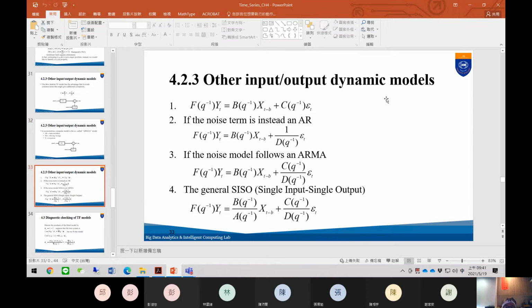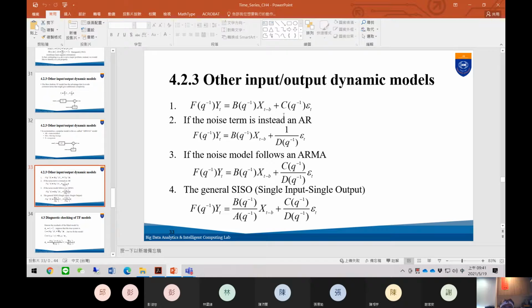So other process dynamic model, input-output dynamic model. Like this, the first one, divide by B, divide by F. The Y_t could be B over F, X_t, plus C over F, the transfer function. This is the disturbance model. If the noise is instead an AR, this is F, B, and then this AR, 1 over D for sure.